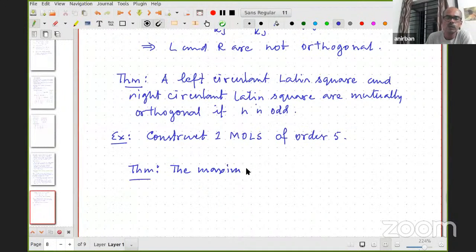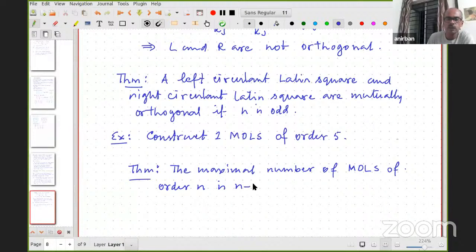So there are at most n minus 1 mutually orthogonal Latin squares of order n. So the maximal number of mutually orthogonal Latin squares of order n is n minus 1.